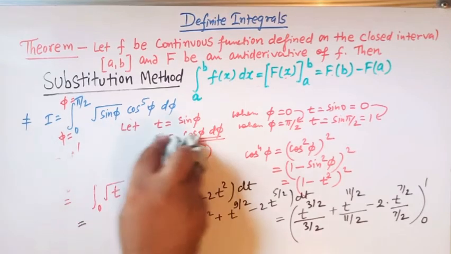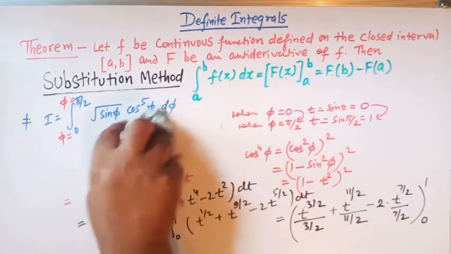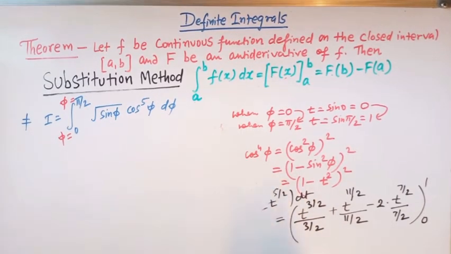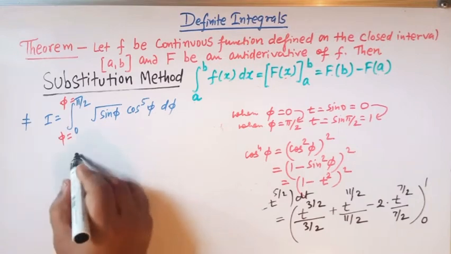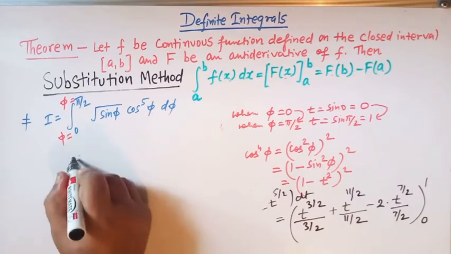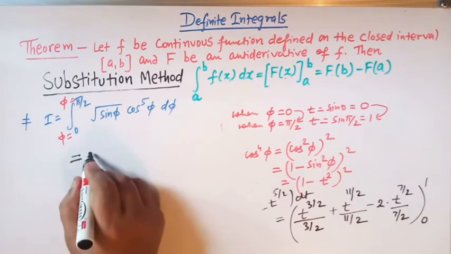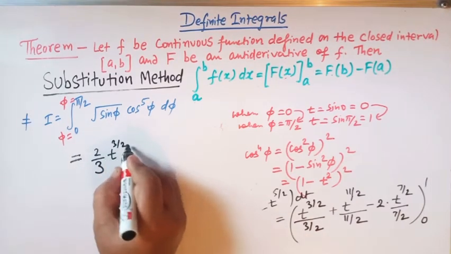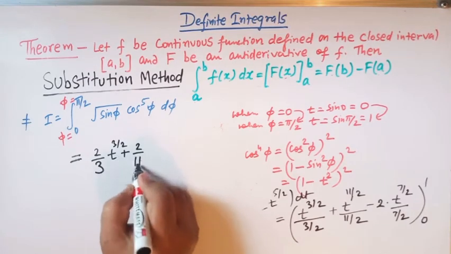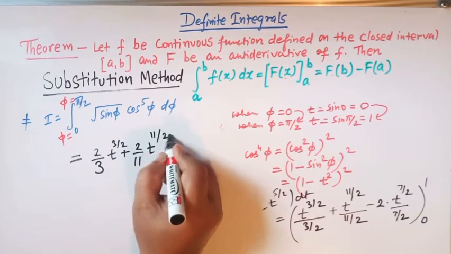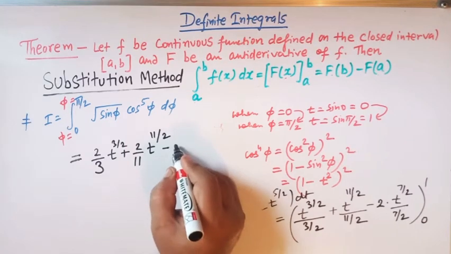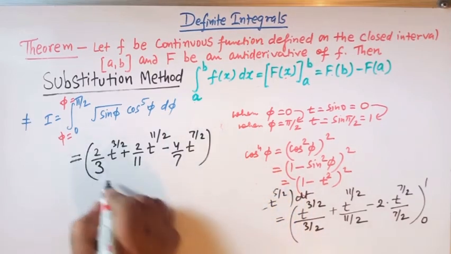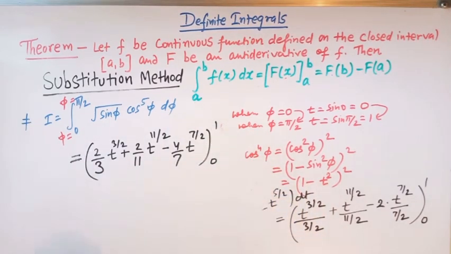So viewers, now we'll substitute the value of 1 here. So we can write 2 by 3 t raised to 3 by 2 plus 2 by 11 t raised to 11 by 2, and then we have 4 by 7 t raised to 7 by 2, with limits from 0 to 1.